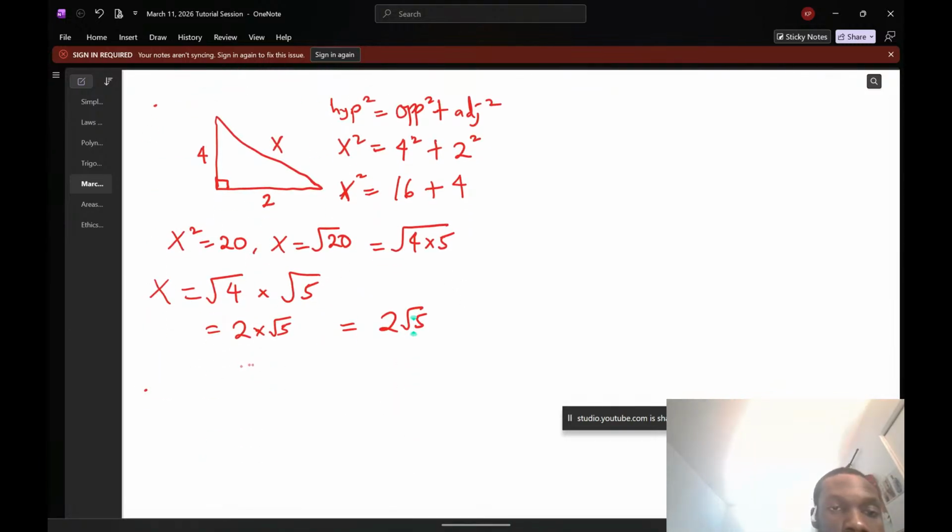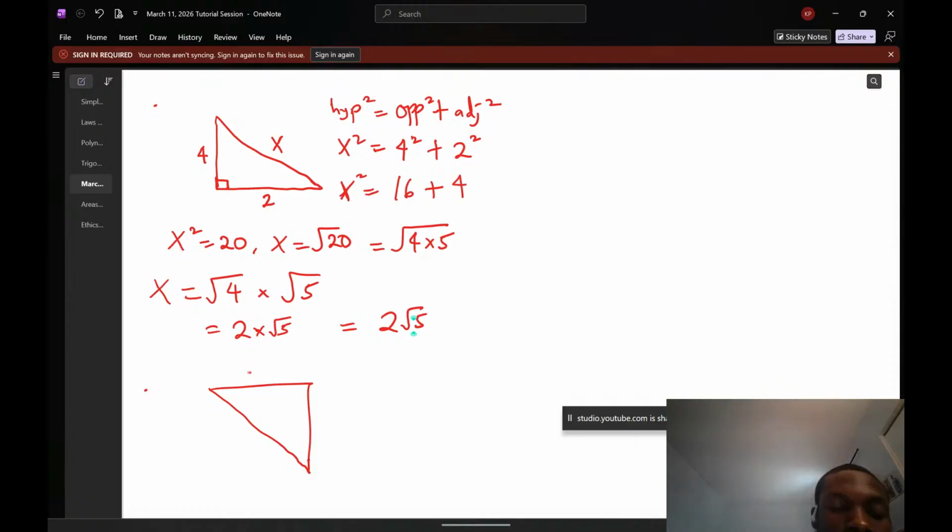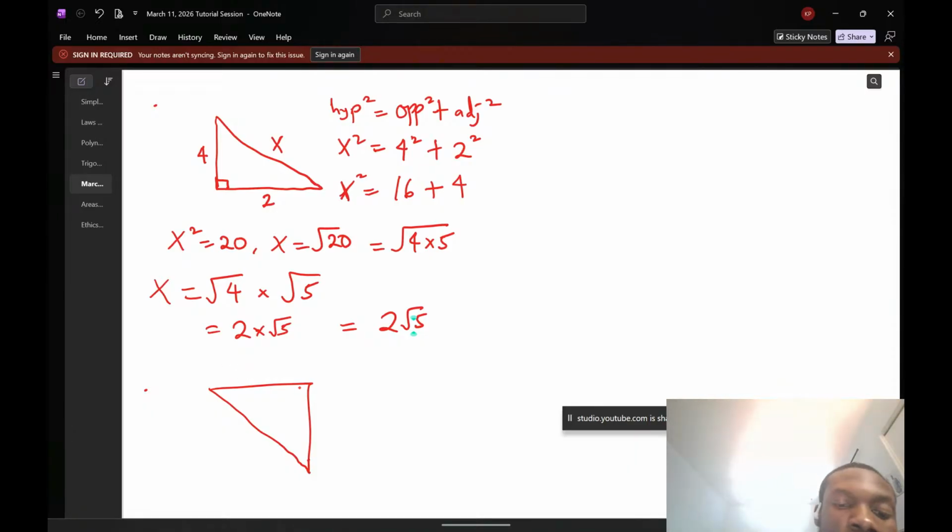Now let me do another one again. So for example, let's make this hypotenuse side 7.